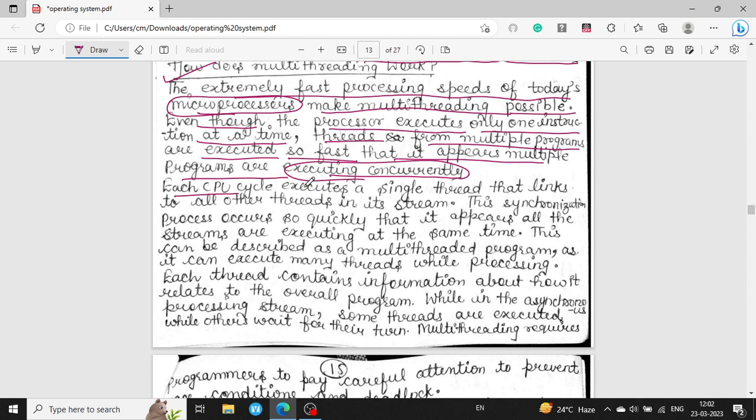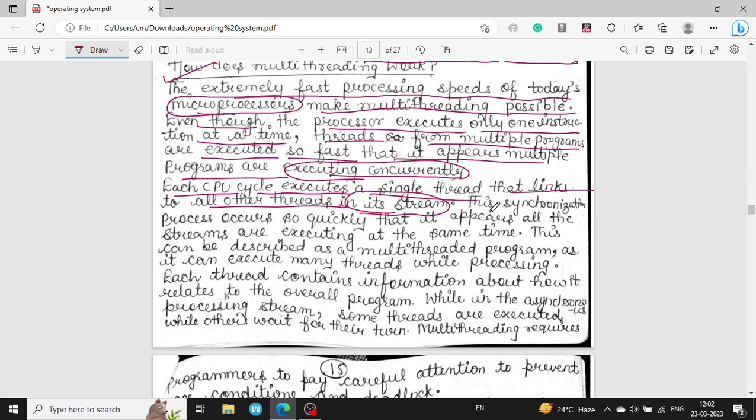Every CPU cycle executes a single thread which links to all other threads in its stream. And this synchronization occurs so fast that it appears all the streams are executing at the same time.